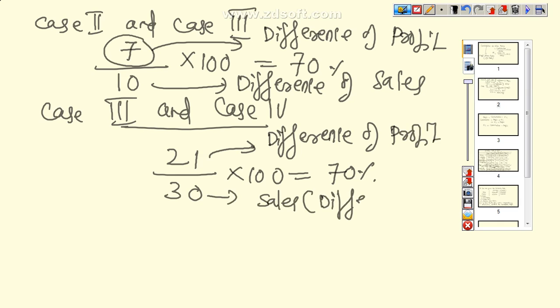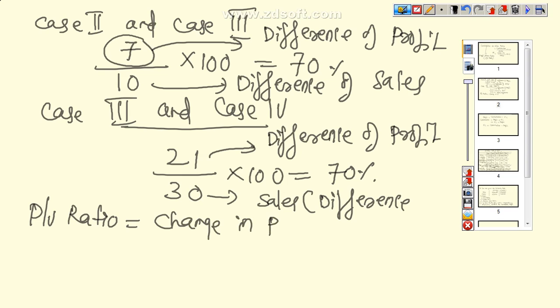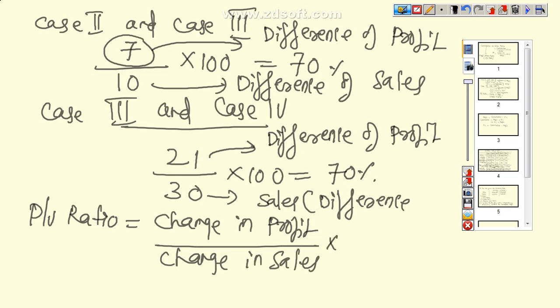So we can frame another formula of PV ratio: profit volume ratio is equal to change in profit upon change in sale into 100.